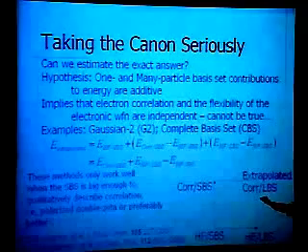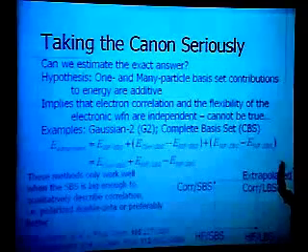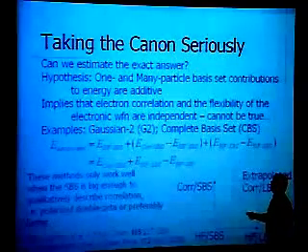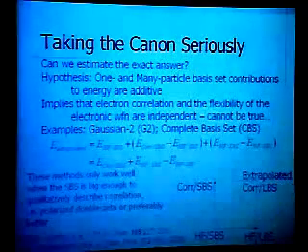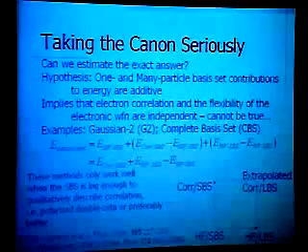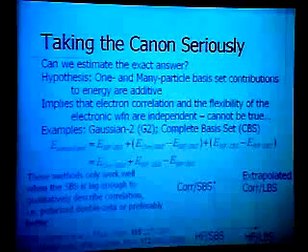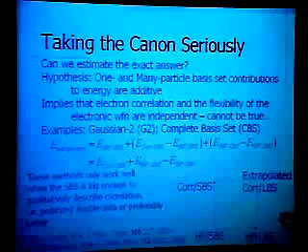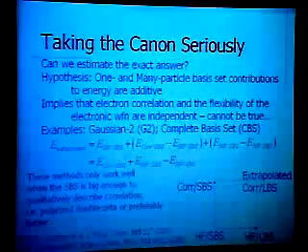That if I went to one side and to the other side, I could somehow extrapolate the corner point that I need. This implies that electron correlation and the flexibility of the electronic wave function are independent. Not only is this not true, it can't be true, because how easy it is to describe dynamic correlation must depend on the flexibility of describing the one-electron distribution. But in any case, we proceed anyway, right? We're warned, but we're going to do it anyway.